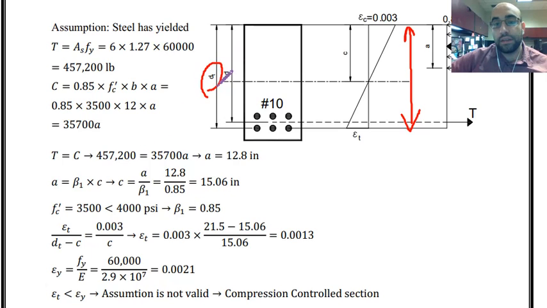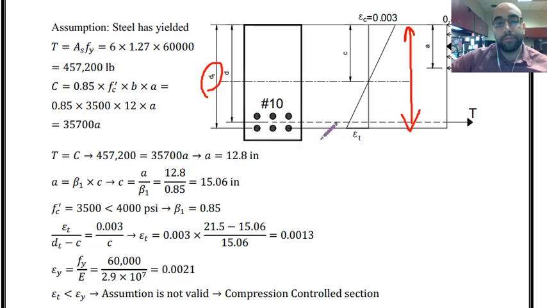I'm calling this dt because this is the distance from top to the very bottom layer of reinforcement. The typical d that we always use in calculations is the distance from top to the centroid of steel. But right now, when I want to calculate the strain, and then based on this, understand the class of section, I need to look at dt and the very bottom layer of steel.